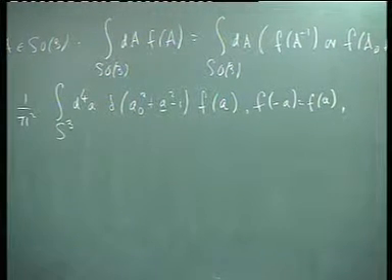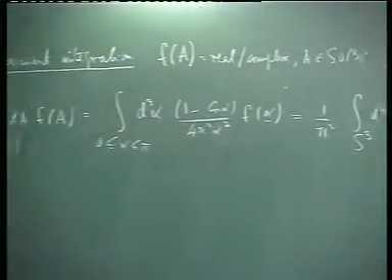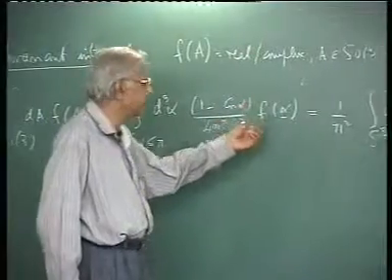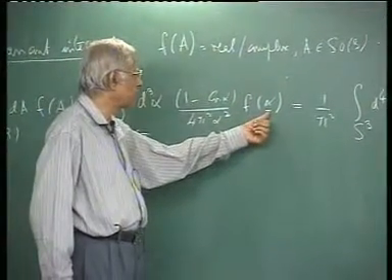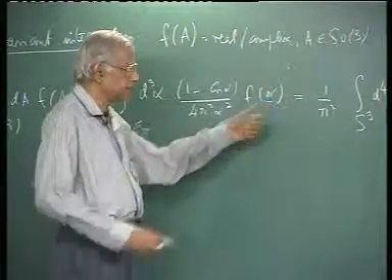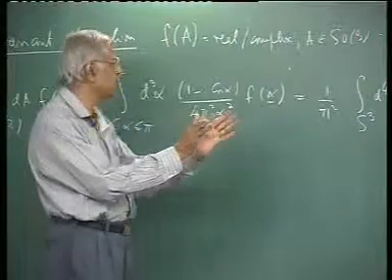So a function on the group, real or complex, a function on SO3, can be regarded numerically as a function of a real 3-dimensional vector, where this vector lies inside or on the surface of a sphere of radius pi.